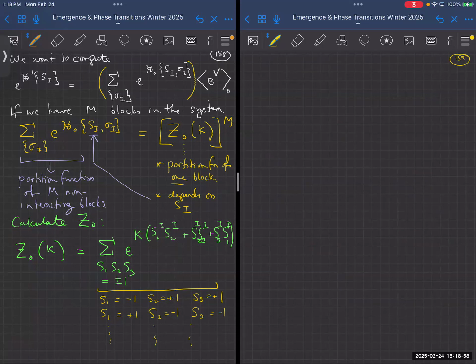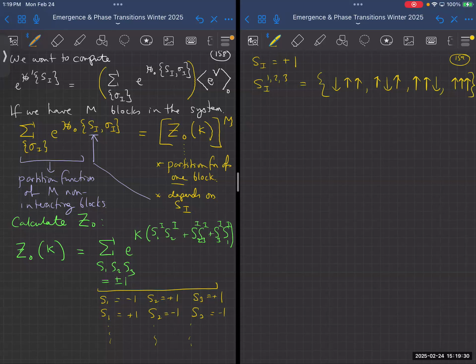So to be more precise, let's suppose we take Si is plus 1. So then what are the possible states of the system? We know that there are 4 different spin configurations. So the Si, and then 1, 2, and 3, they can be like this. We enumerated them on a previous page. That would be this, and then this, and then this, and then this.